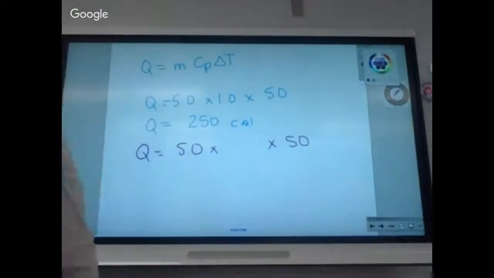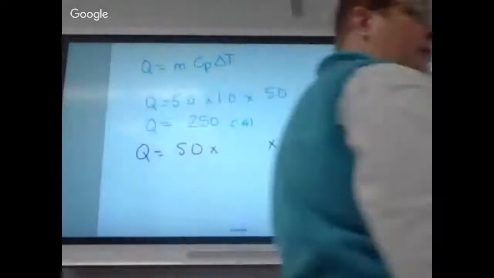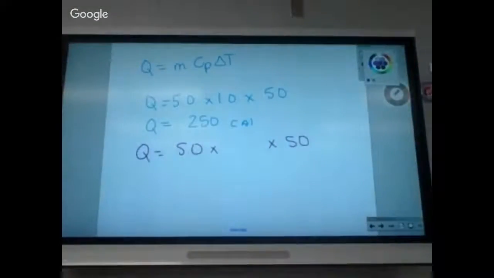Page 1. Specific heat of water. Oh, so that's what I did wrong. Yes, that's the heat of vaporization. So you've got to pick specific heat.